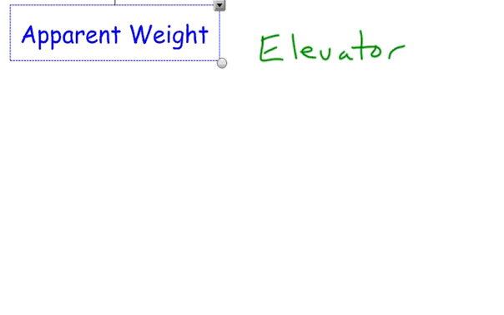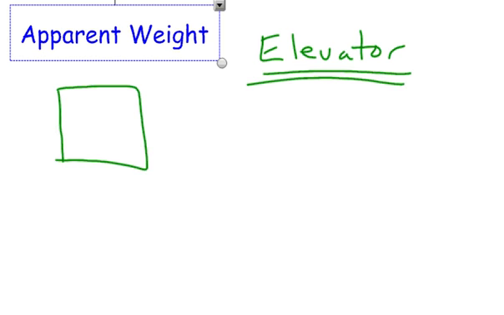So you're in an elevator, and the elevator is not moving, so we're going to say the velocity is 0, and here's some person standing on a scale.